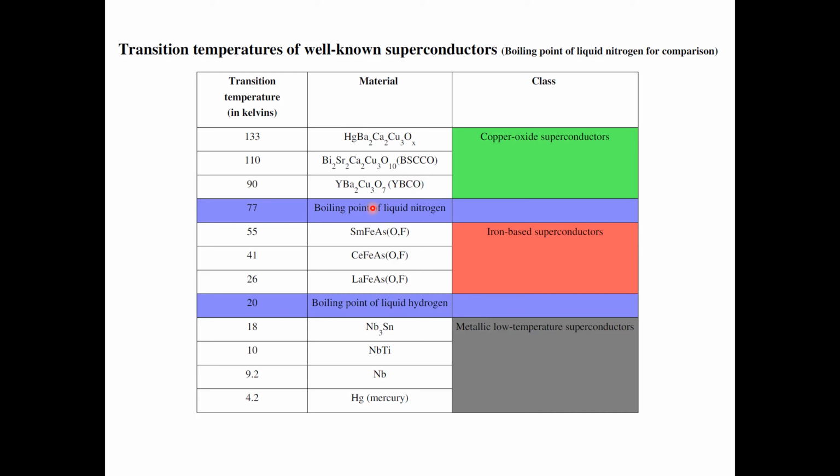When I was a PhD student, long time ago, I used to help a postdoc, actually from another group. She was making YBCO powder and making it into a superconductor. So that was fun to work with her. And this, for example, YBCO has a critical temperature equal to 90 Kelvin.